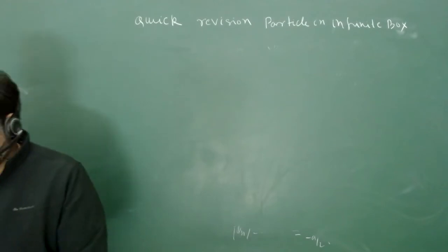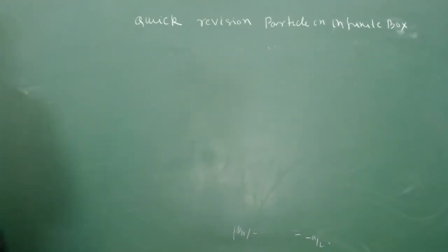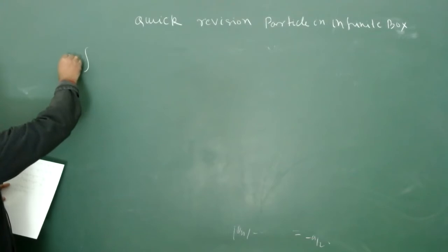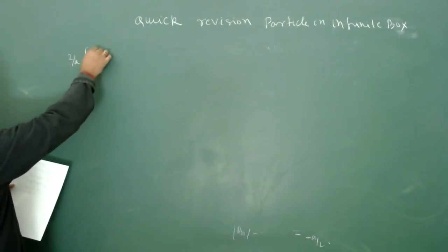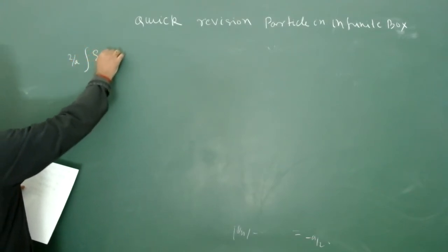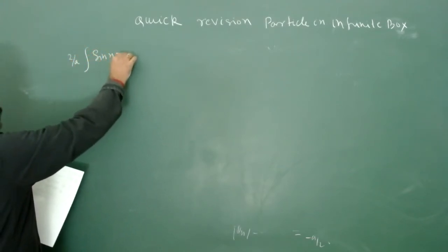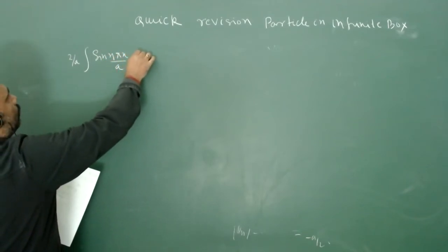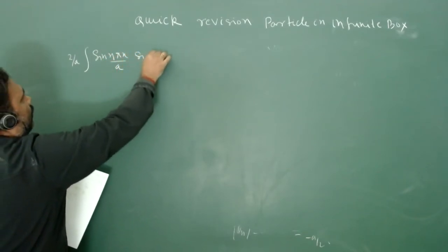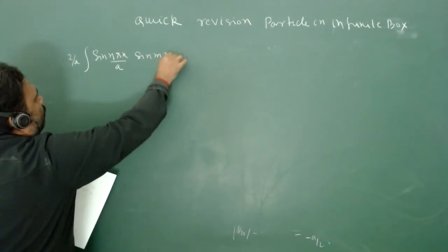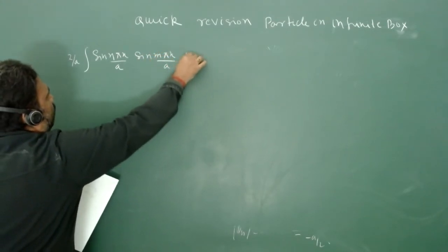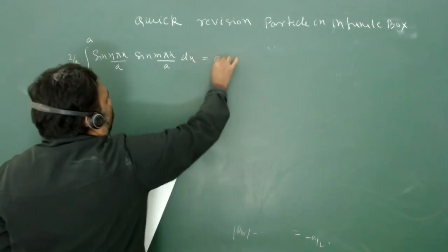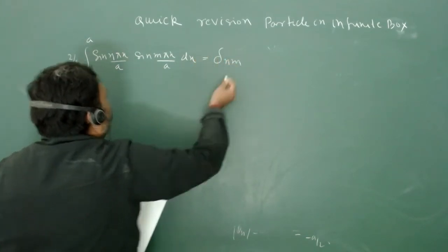The first integration you should always remember is 2 upon a, integral of sine n pi x upon a and sine m pi x upon a dx between 0 to a, which is nothing but delta nm.